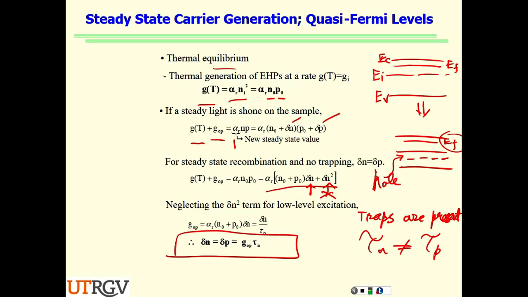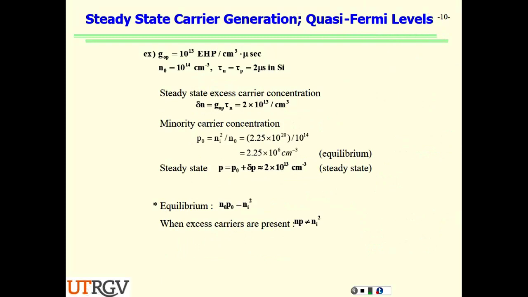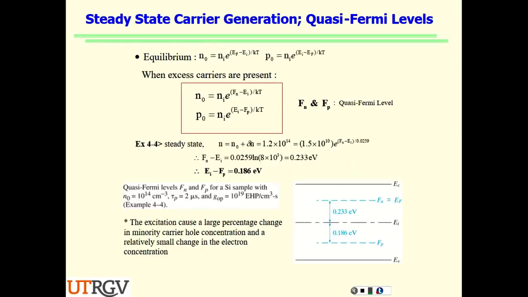We call this case the quasi Fermi level. Quasi means something where we suppose something, or where we do approximation. So what we have to do is introduce steady state electron or hole concentrations in the band diagram by introducing what we call quasi Fermi levels. We would write them as Fn and Fp. I'll come to this example later on, but instead of writing just EF, now we will write Fn and Fp, and these are called quasi Fermi levels.